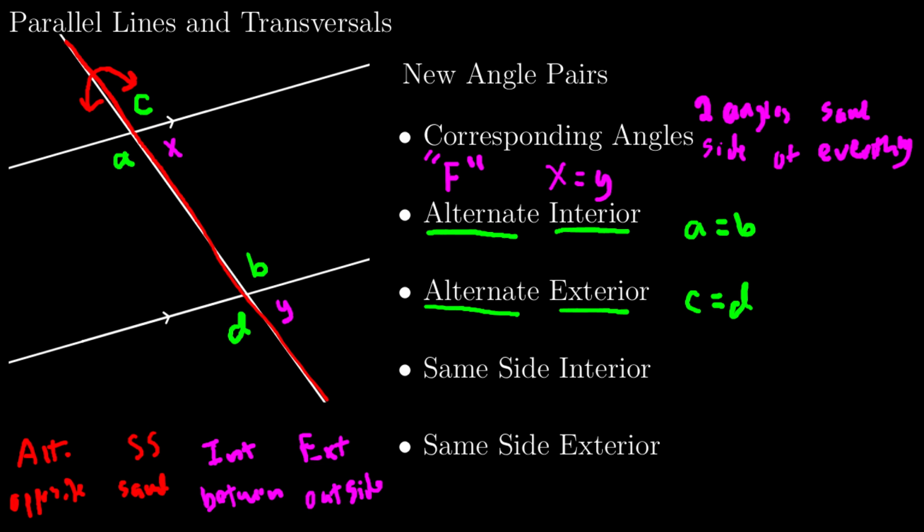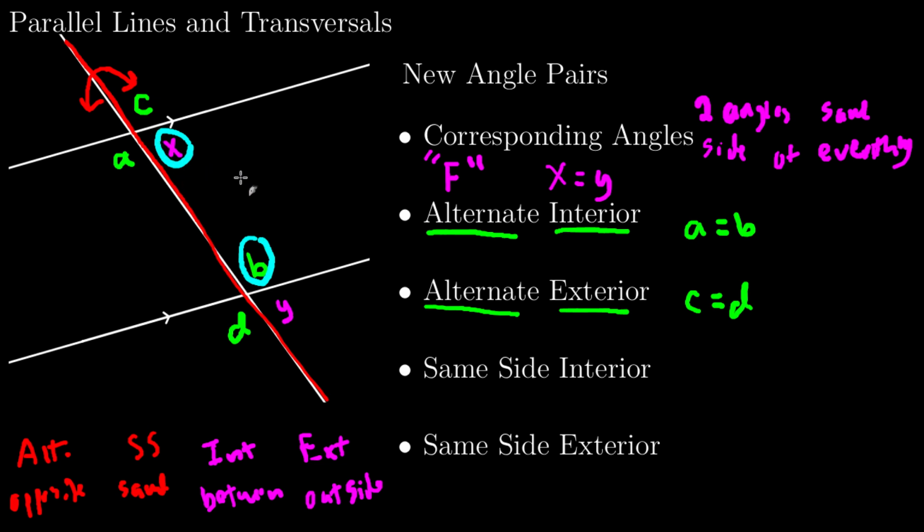Okay, now, same side. It's going to be a little bit of a mess, but for same side interior, interior means between the two parallel lines. Same side means on the same side, and I can see that I have this x and this b that are on the same side of the transversal.